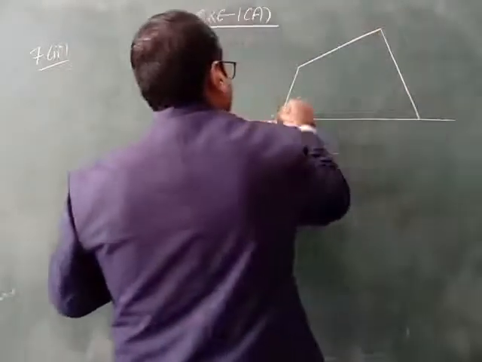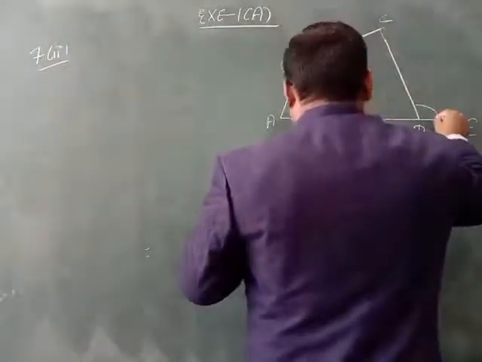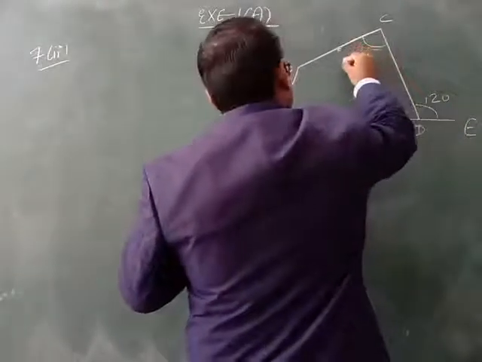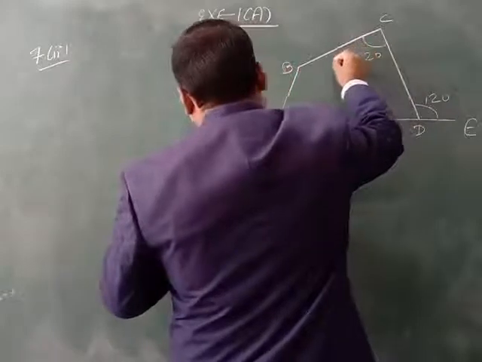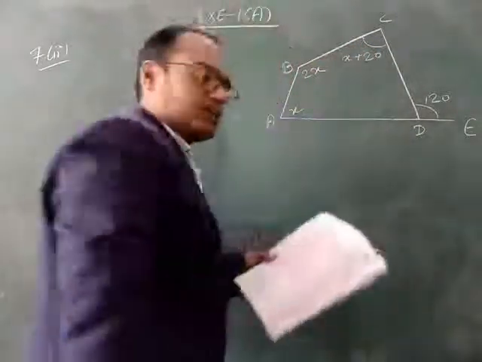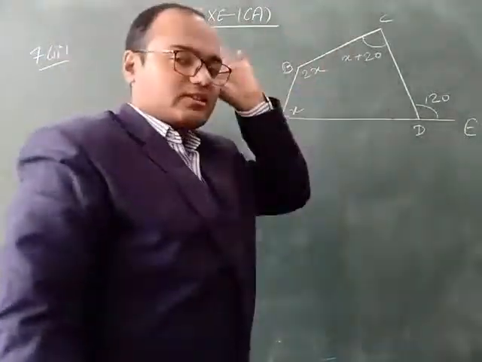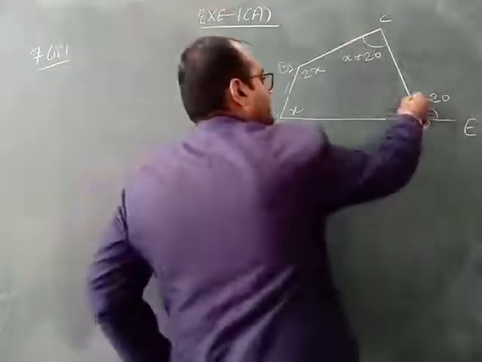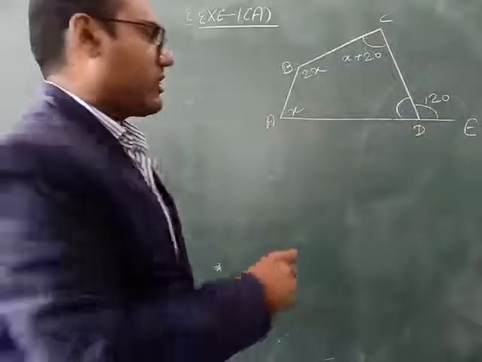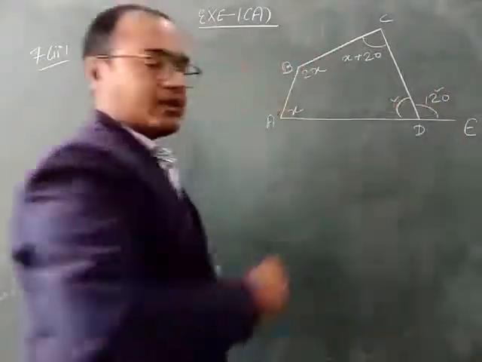We will write the names ourselves: A, B, C, D, E. Here it is 120. Here x plus 20, 2x, x. We have to find the value of x. Here these three interior angles are given. The fourth interior angle is this one, and we don't know its value. We know the exterior angle, the outside angle. So we have to find the interior angle first.